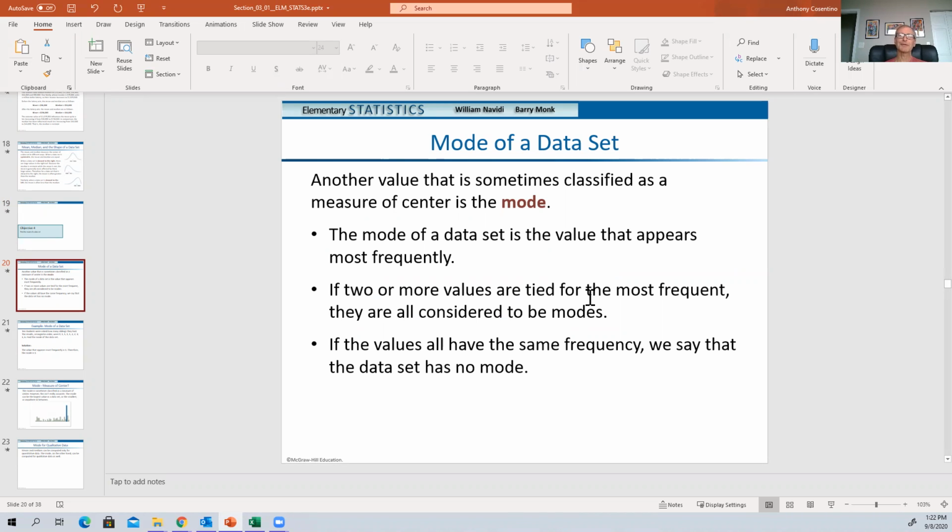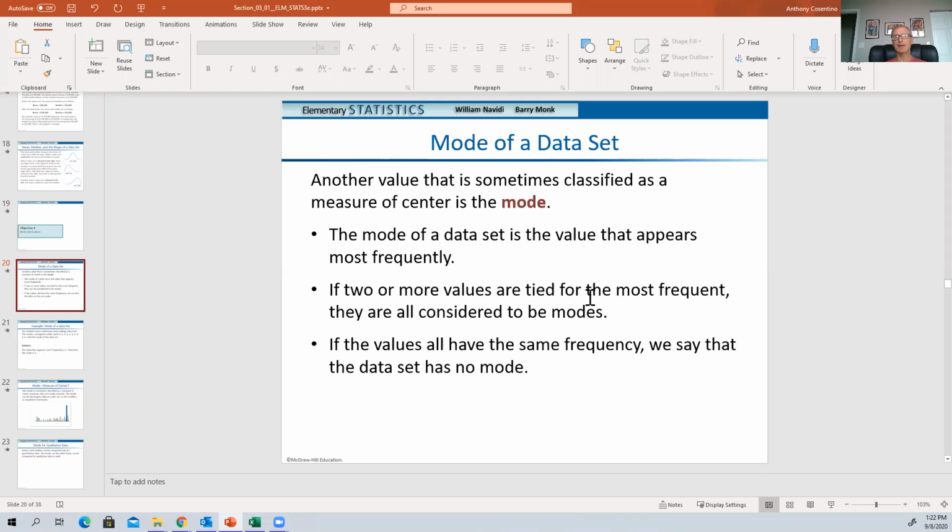So hopefully this is the easiest of the three to calculate. And there are three aspects to it. Number one is that the mode is the data point that occurs most often. If two data points are tied for the most often, like if two different data points each occur 5 times, then we have multiple modes, and you would just separate them by a comma typically when you indicate that.